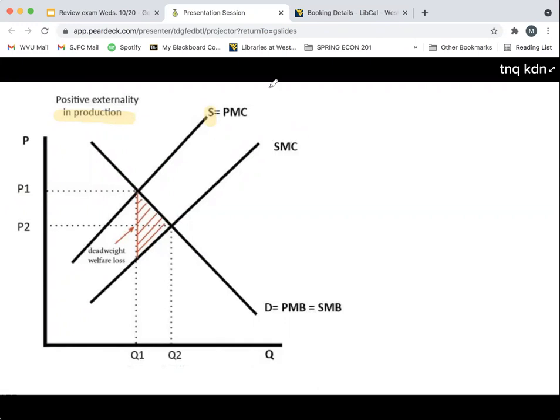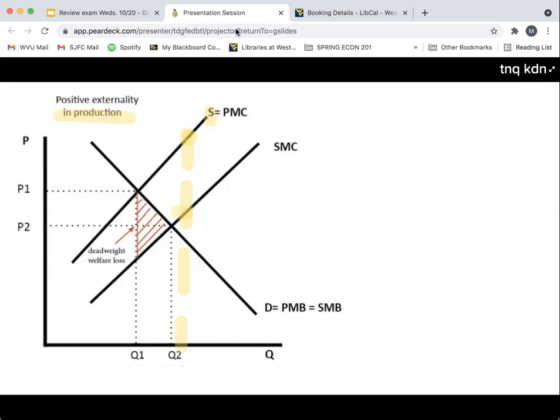So at every given point, because of this positive externality, that private cost is higher than what that social optimal would be actually. So because this is a positive externality, socially, we want more produced of whatever good this may be.